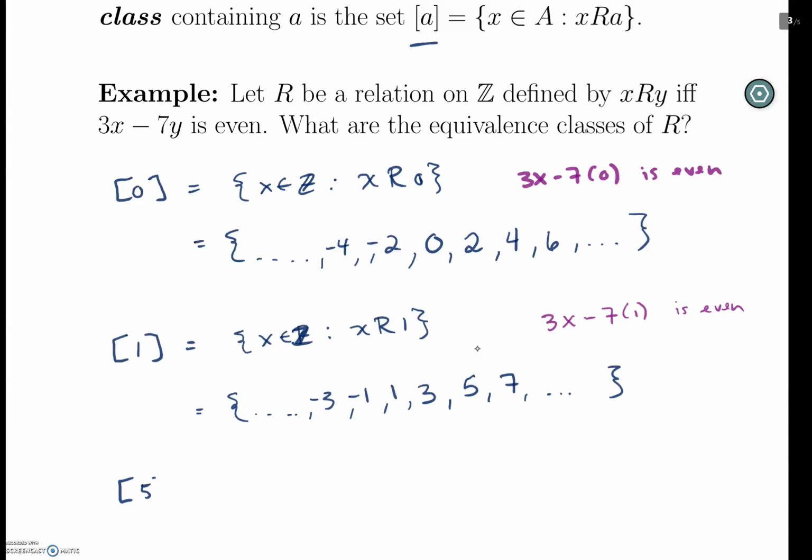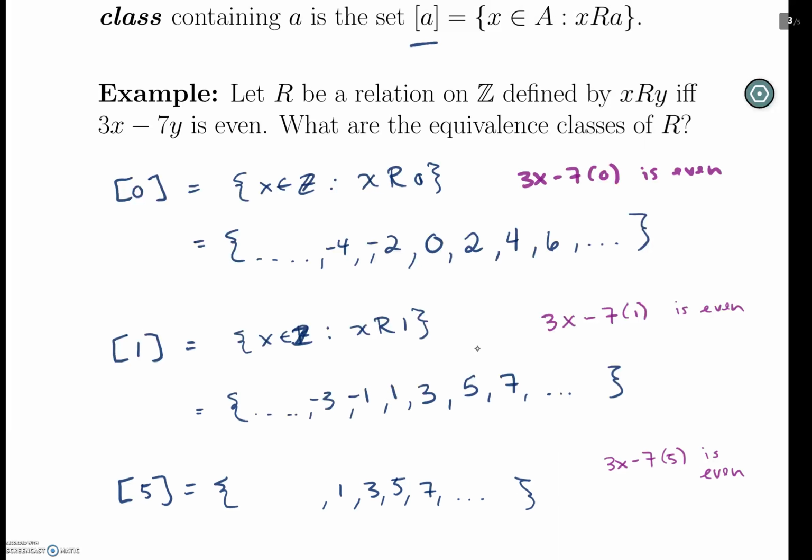So if we pick something else, I don't know, say 5, well, what's going to be in there? We put in 5 because we know that's going to work. And again, if you're thinking about what this would mean, we would need 3x minus 7 times 5 to be even. We're going to find that 3 is going to work, 1's going to work, 7 is going to work.